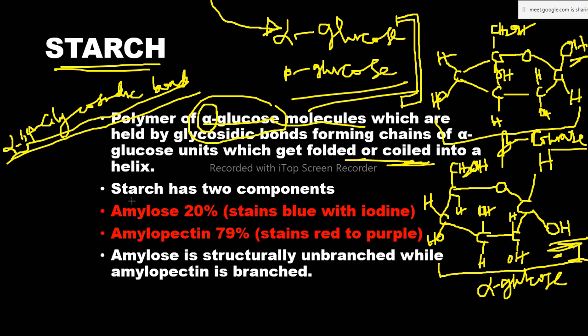And it has two components, the amylose, and this one stays blue with iodine, and amylopectin, which stains red to purple. But the whole of it, starch is made up of amylopectin and amylose. So that's why starch stains dark brown. Okay, the whole of it. That's why starch is going to stain dark brown.